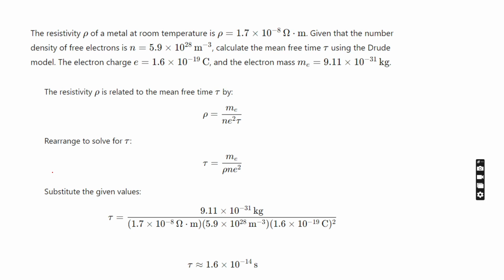Calculate the mean free time tau using the Drude model. Electron charge is given, mass of electron also given. So we know the direct formula rho is equal to m divided by n e square tau. And rearranging for the time, tau is equal to m by rho n e square. Then substitute the values, you will get the mean free time.